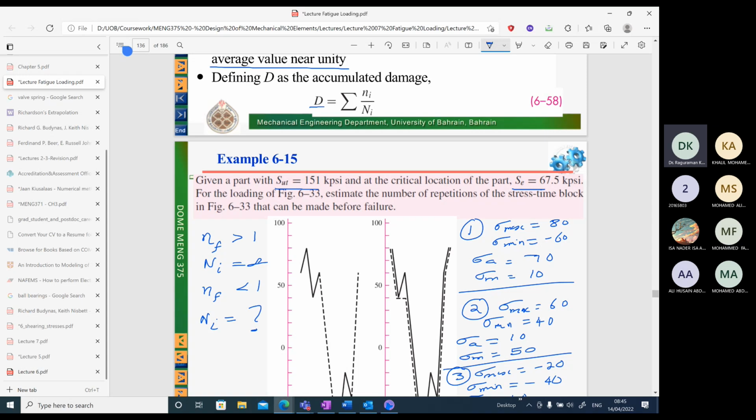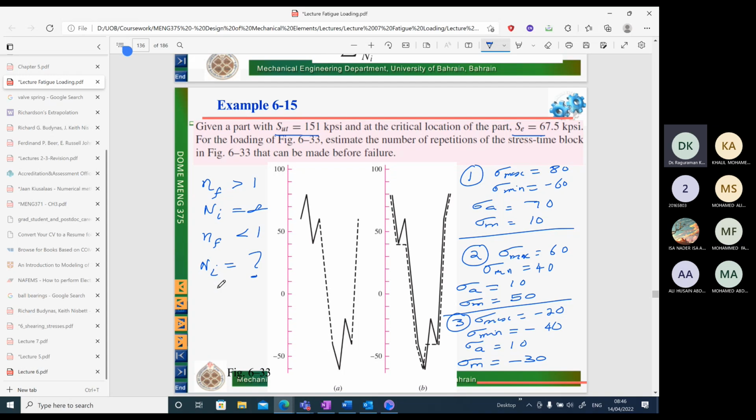How do I find N i in this case? I need to first figure out what is the equivalent completely reversed cyclic load, because we have positive mean stress here, and a negative mean stress over here.